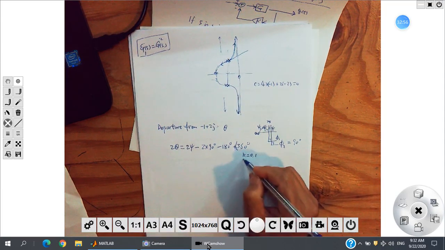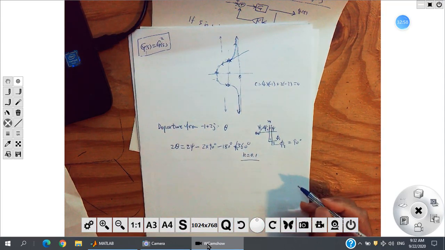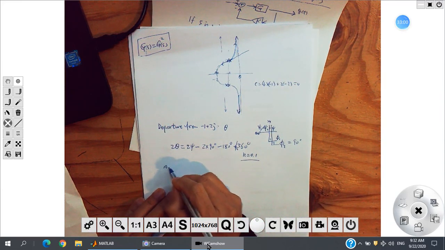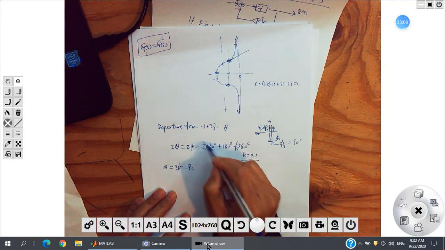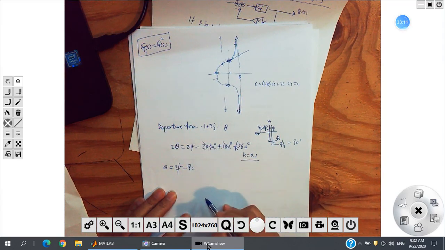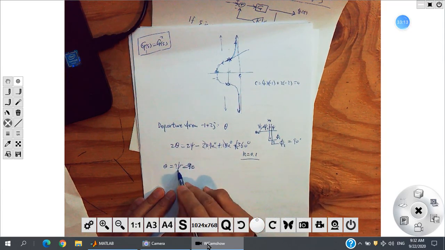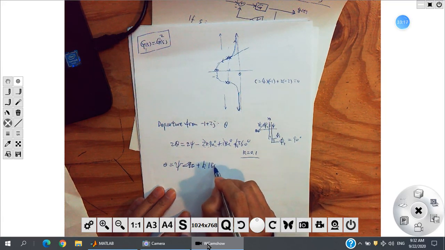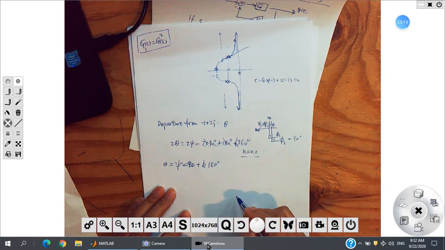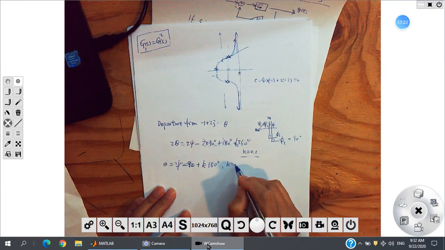So I have k equal to these 2. So theta will equal varphi. I use a plus here, minus 90 degrees, oh, actually these 2 cancel. Then it is varphi plus k times 180, and k equals 0 and 1.